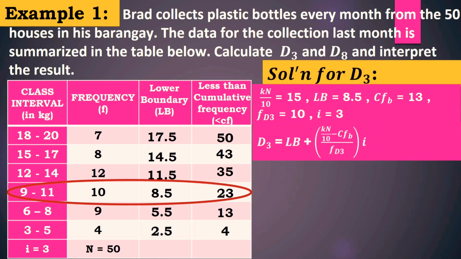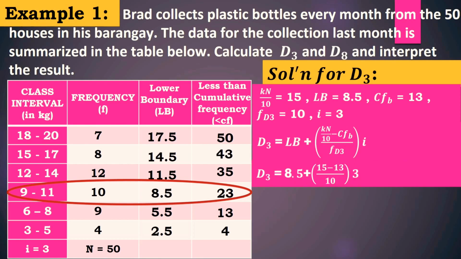Let's plug in. Let's use the formula for decile. So d sub 3 equals LB plus the quantity kn over 10 minus Cf sub b all over f sub d sub 3 times I. So lower boundary is 8.5. kn over 10 is 15.